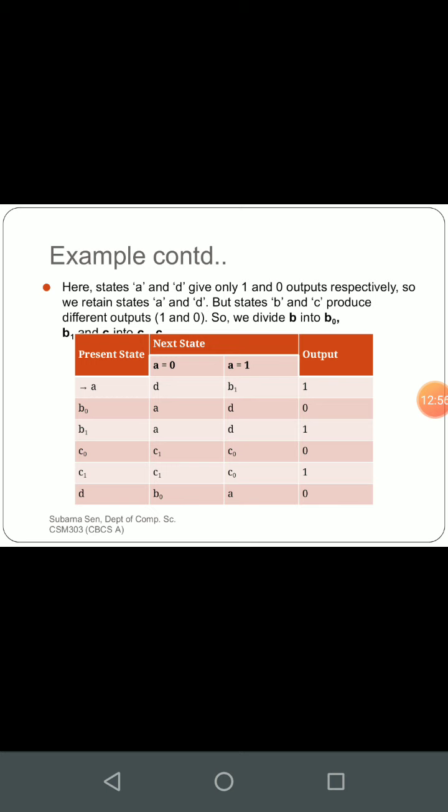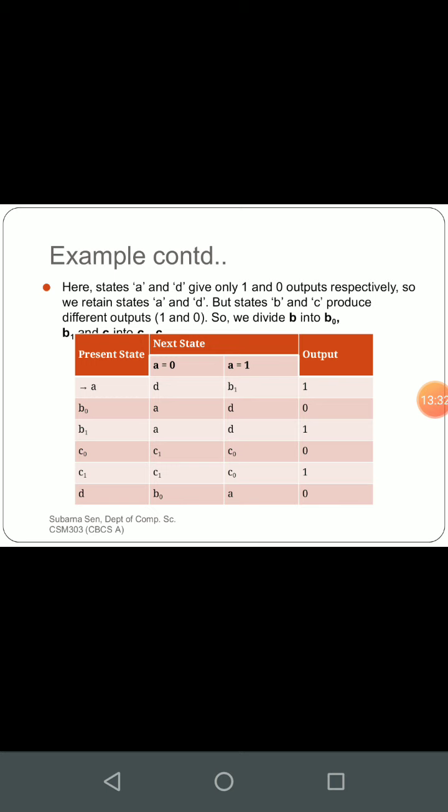Now what the output of a will be, if you consult the table, you can see that at a equals to 0, for present state b, the next state is a, and the output generated is 1, right? Again, for present state d, for input a equals to 1, it is moving to a state, and the output generated is 1.